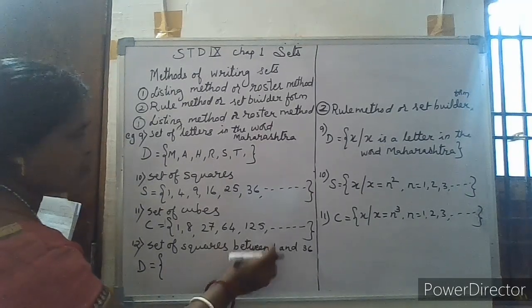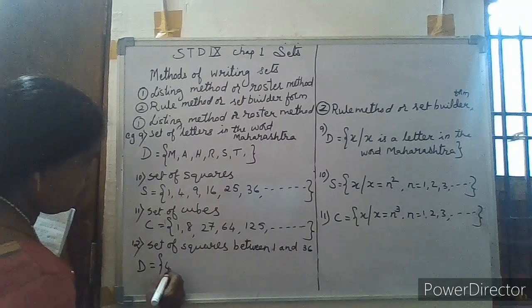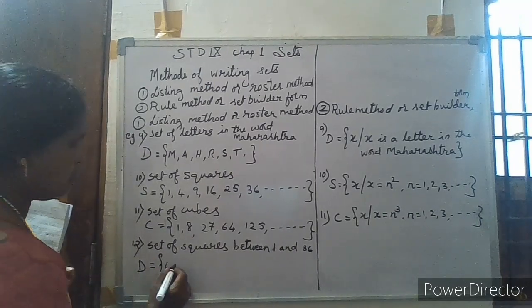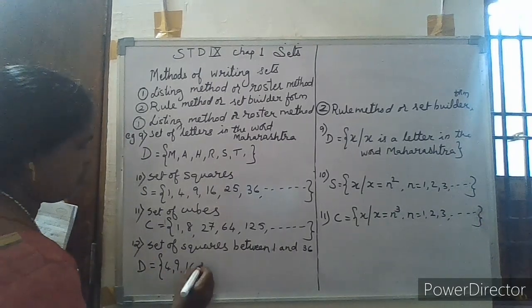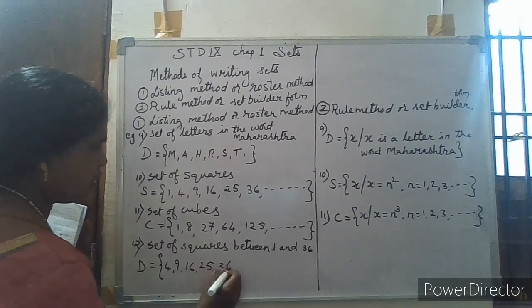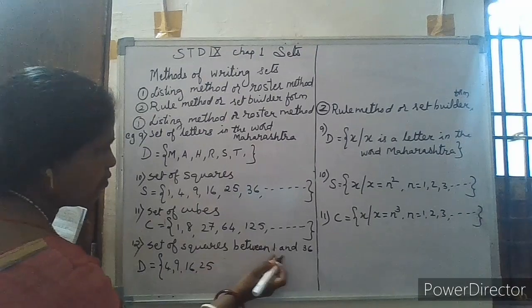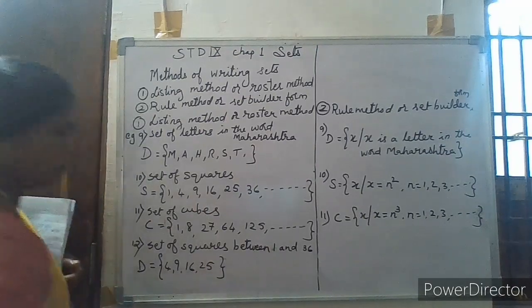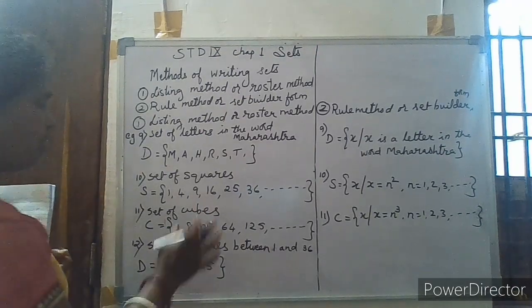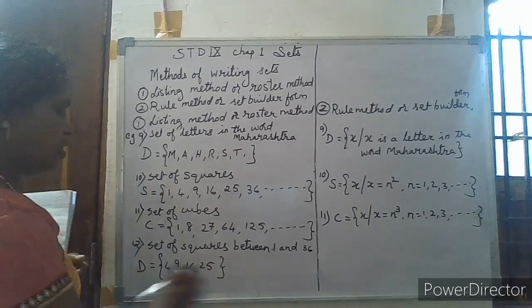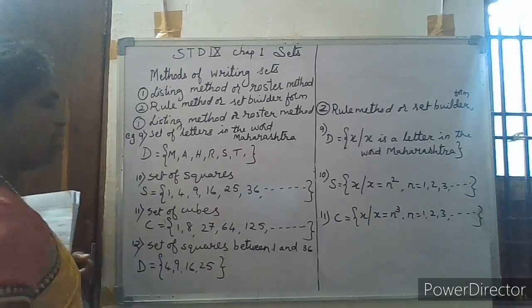So 1 square I leave out, 2 square is 4, then it is 9, 16, 25. 36 is not written because it is between 1 and 36. So 4, 9, 16, 25: only the 4 elements are there in this set.